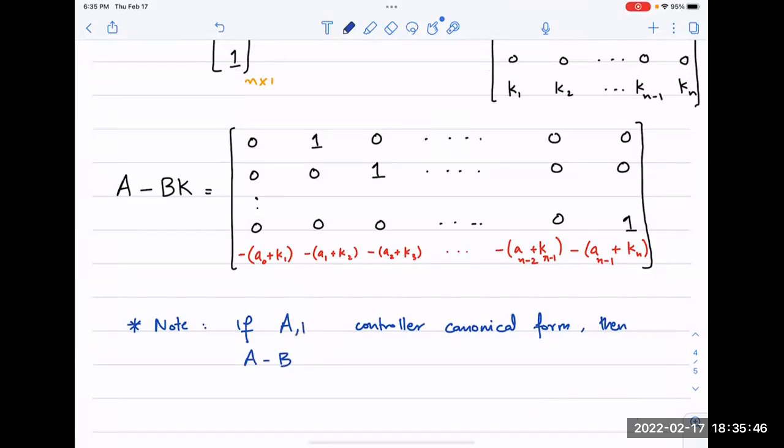So if A, B are in controller canonical form, then A minus BK is also in controller canonical form.